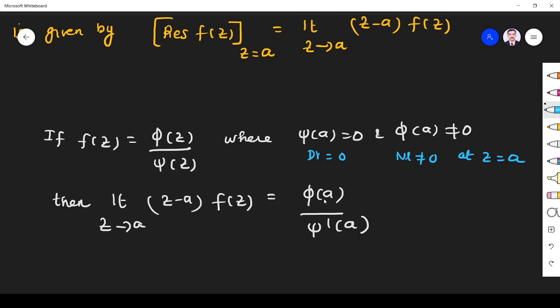This is equal to phi of a by psi dash of a. Psi dash of a is nothing but the differentiation of psi at a. So we keep the numerator as it is, but we differentiate the denominator. I will give an example, and then you will understand.